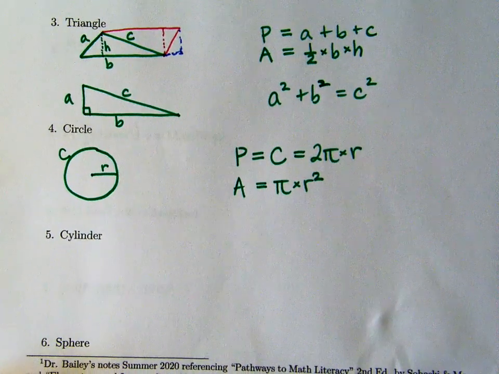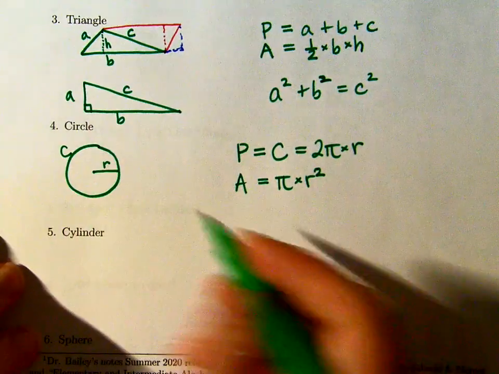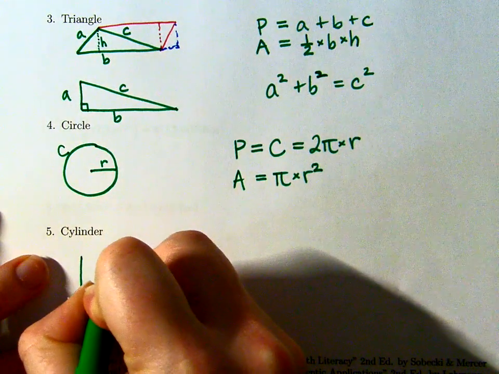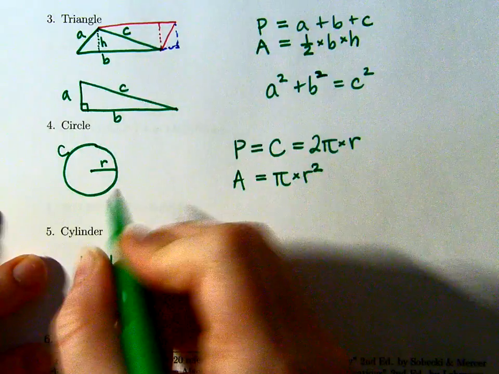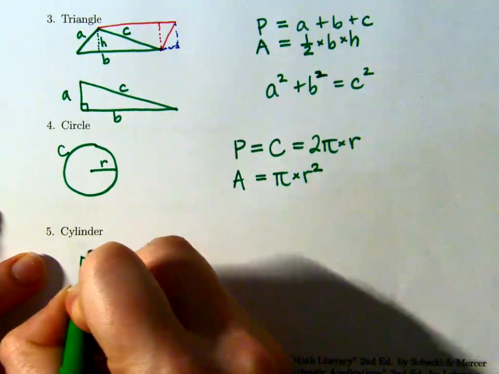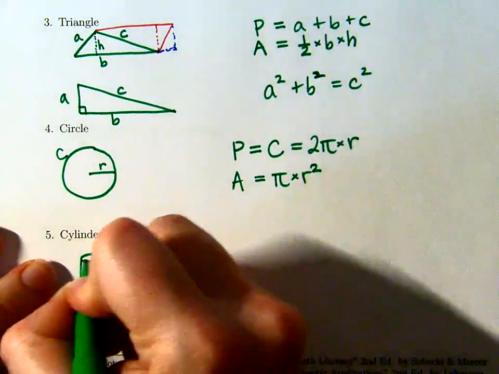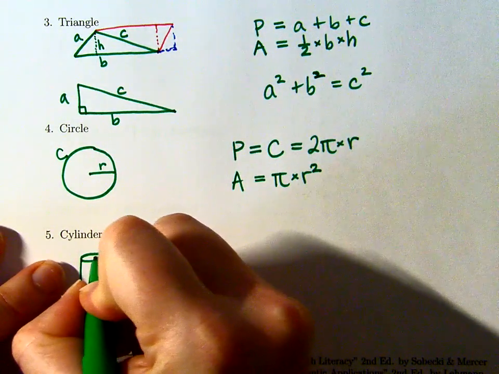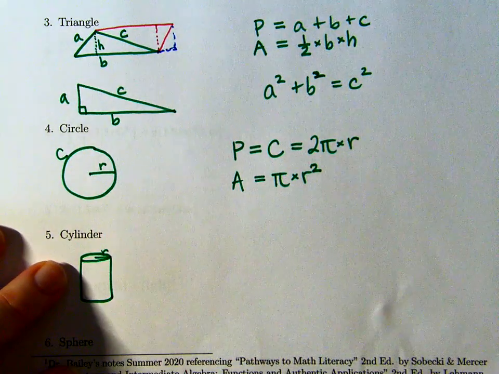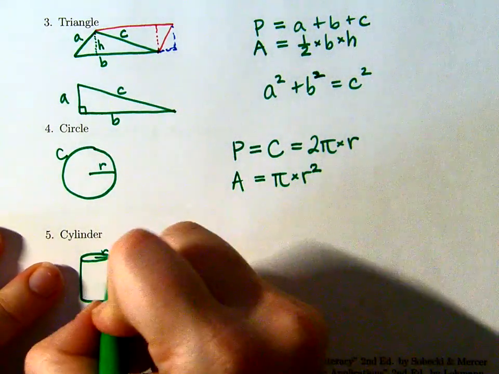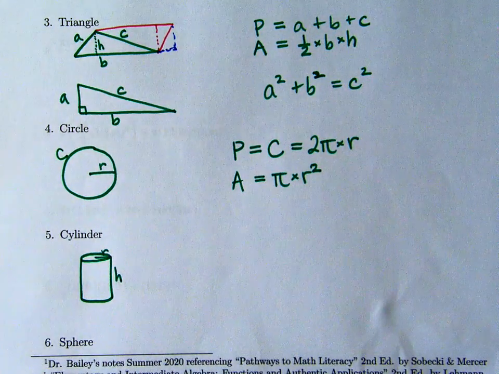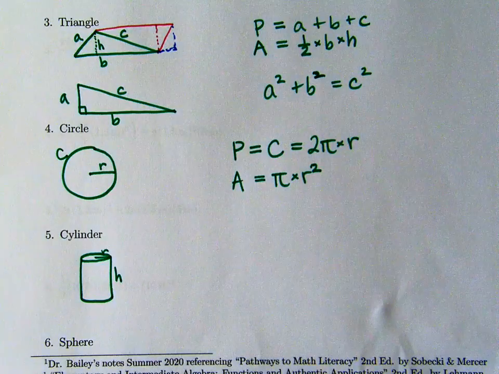And cylinder. Okay, so let's draw best we can. Here's my cylinder. And the top is a circle. It'll have a radius r, and let's call it h tall, so it'll have a height.